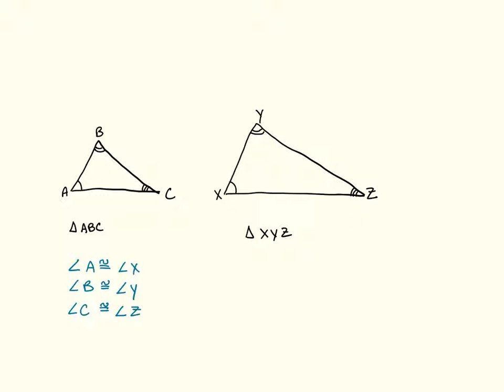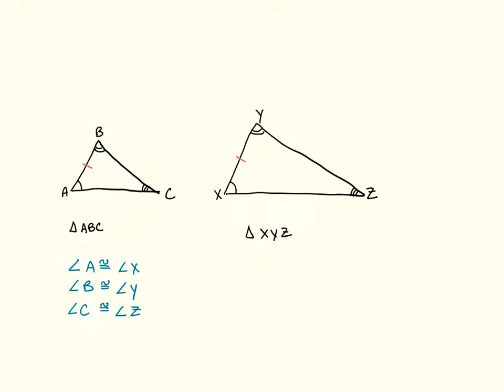Now, once we do this, we also have corresponding lines. So, if you notice, line segment AB is corresponding to line segment XY. Now, these will not be the same measurement because line XY is definitely longer than line AB.